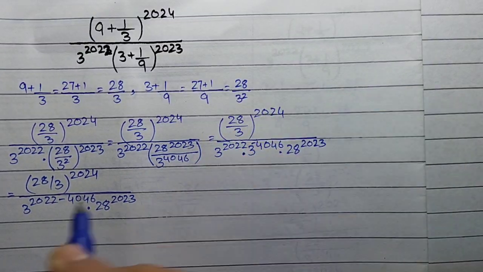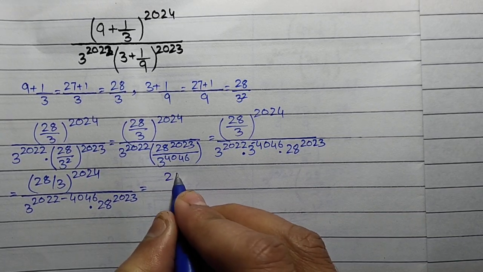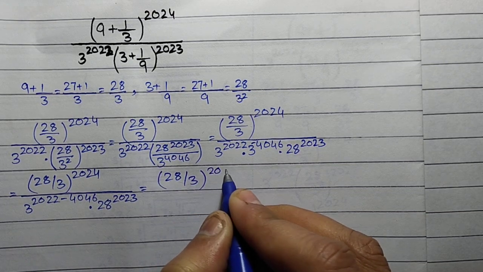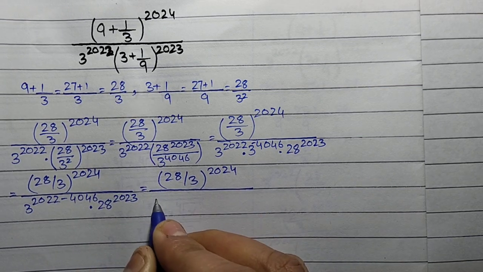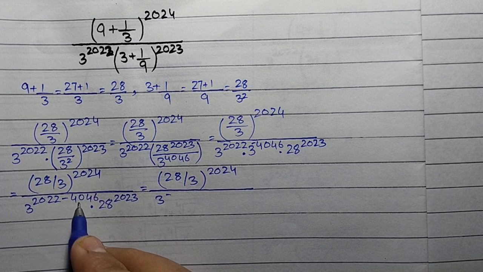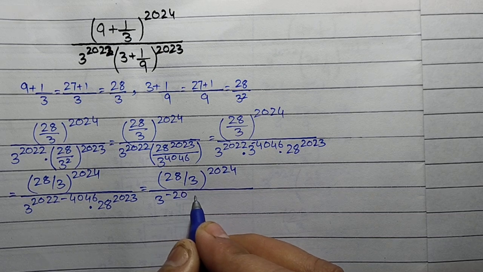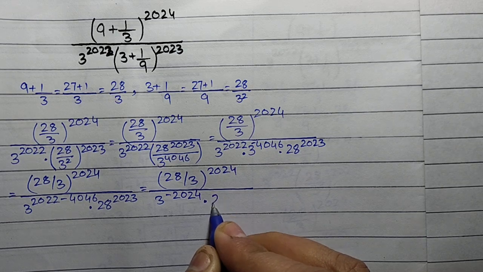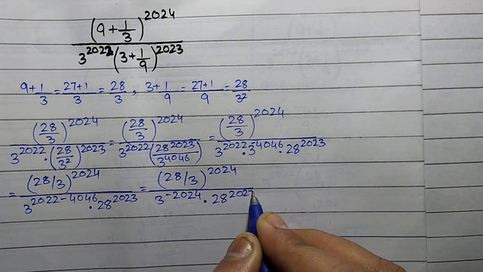Okay, now we will simplify this further. 28 over 3 raised to power 2024 divided by 3 raised to power, now 2022 minus 4046, it will be minus 2024, yes, times 28 raised to power 2023.